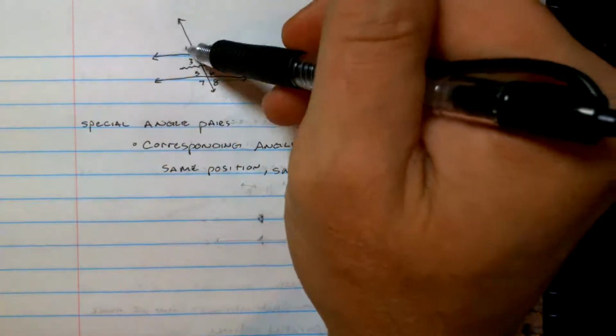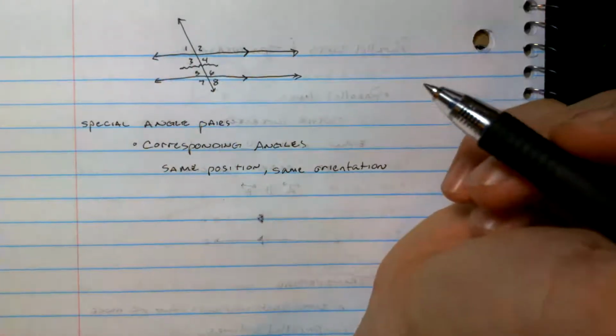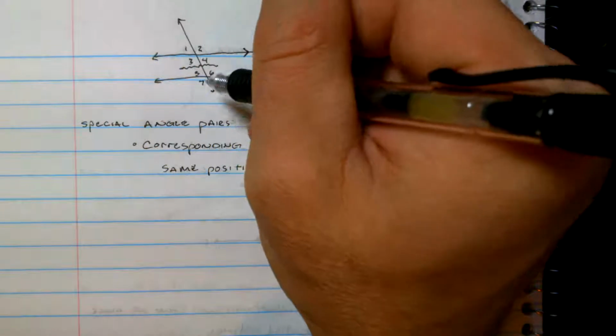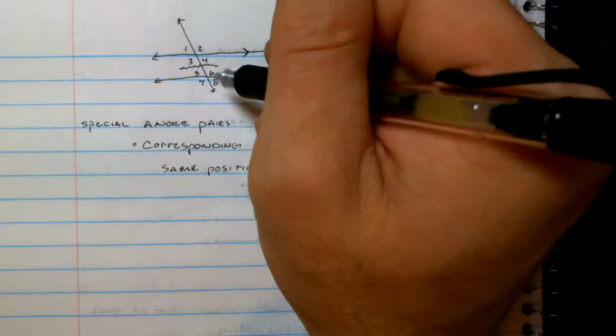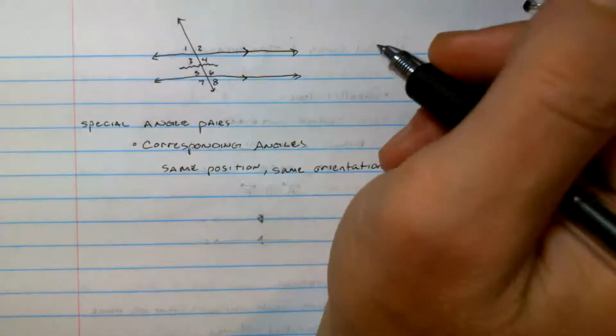And so corresponding angles would be in the same place. So if I was to cut that there and move this top section down, I would see that 1 and 5, 2 and 6, 3 and 7, and 4 and 8 are all in the same positions. So that is what corresponding means.